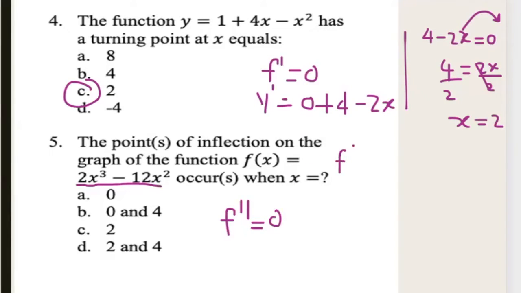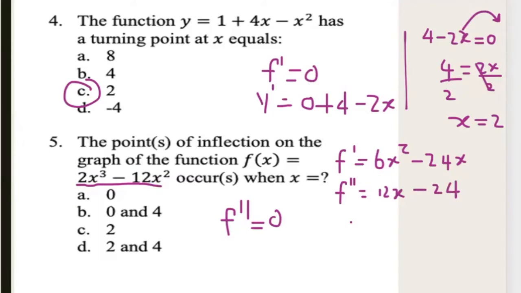So first, finding f prime, I differentiate 2x cubed, that gives me 6x squared. Then we differentiate minus 12x squared, that gives me minus 24x. Differentiate a second time, so I have 12x, and minus 24x to give me minus 24.